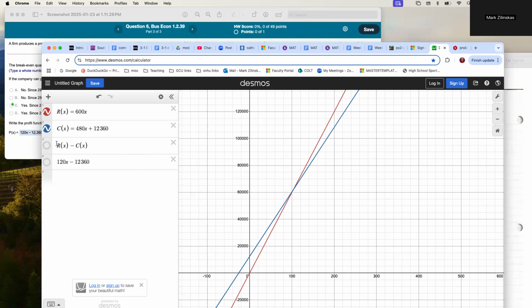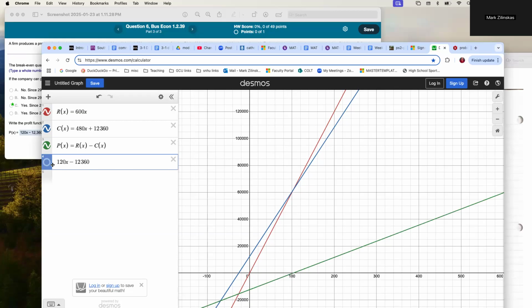I could just type in an expression here, or define a new function where I call P of X equals the revenue minus the cost function, and let's say that one's green. That's my profit function.